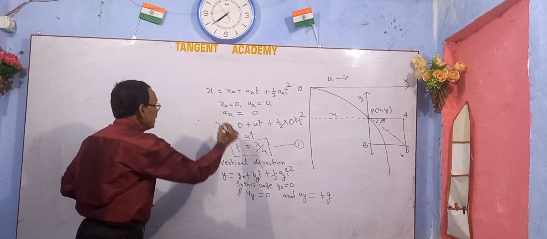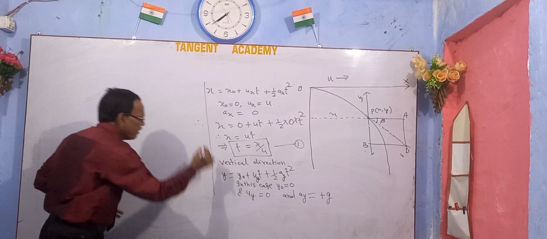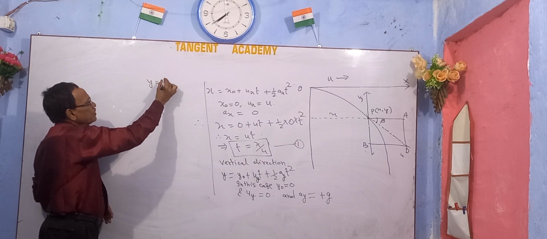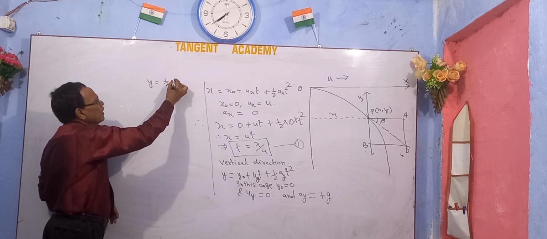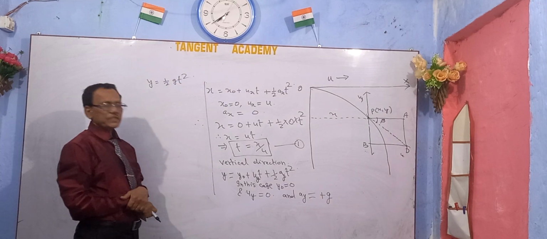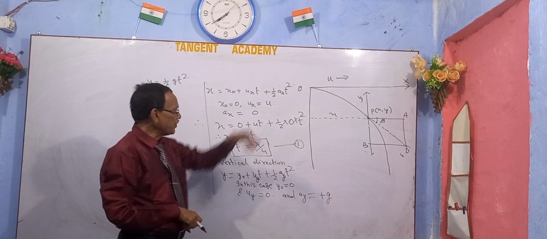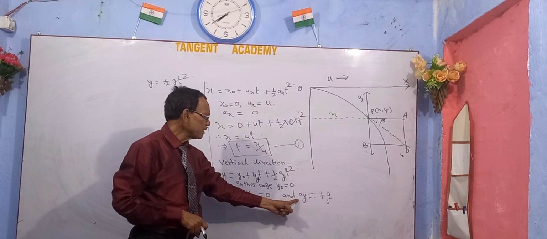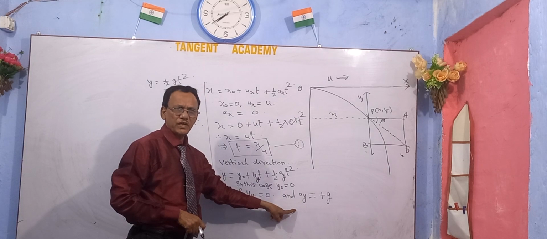Therefore, we can get y is equal to half gt square, as it is vertical motion. Therefore, acceleration due to gravity will be equal to ay.